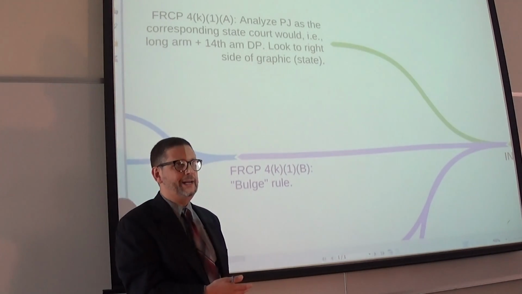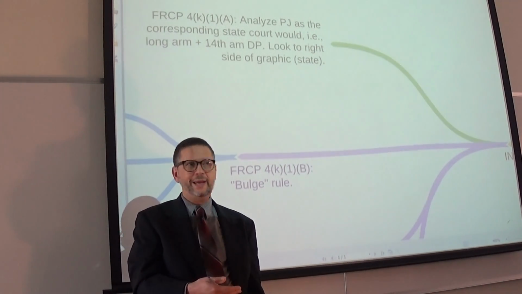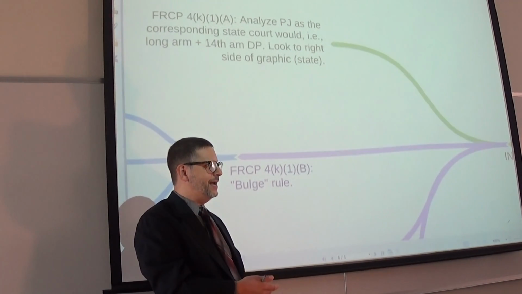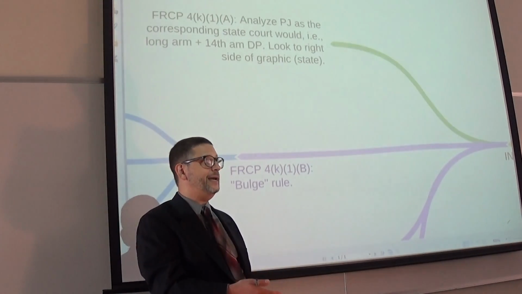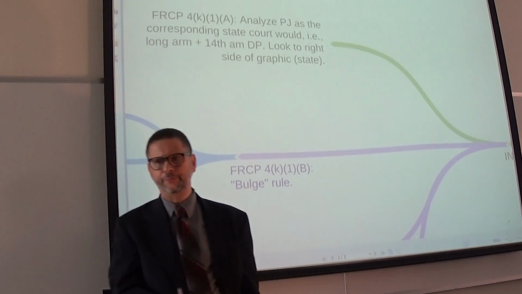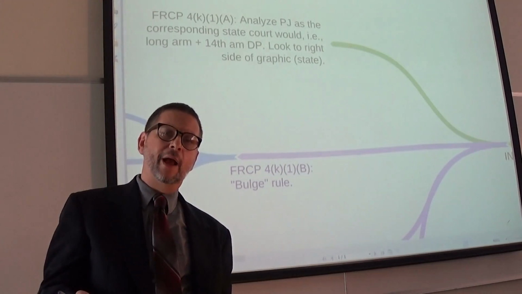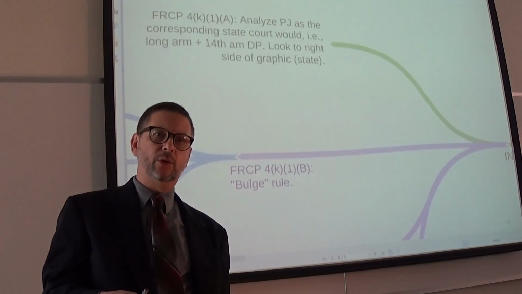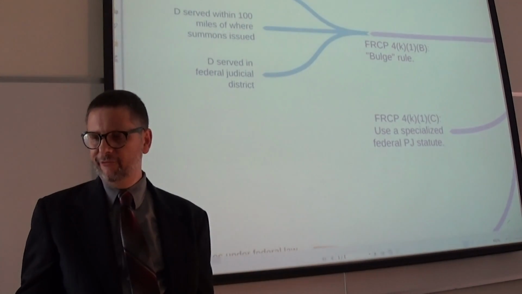The result of that is that most assertions of personal jurisdiction in federal court will be analyzed under Rule 4K1A and should reflect the same analysis and result as would have been done in the corresponding state court. However, because the Fifth Amendment allows bases for jurisdiction that aren't possible in state court, we have 4K1B, 4K1C, and 4K2.